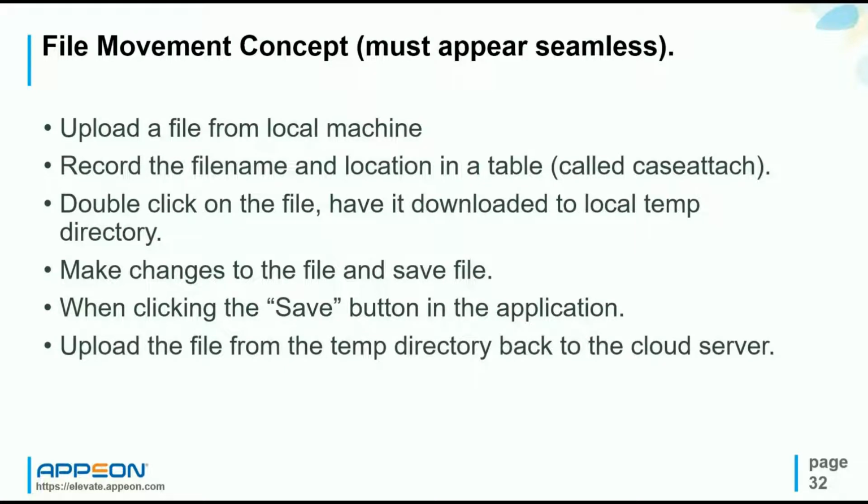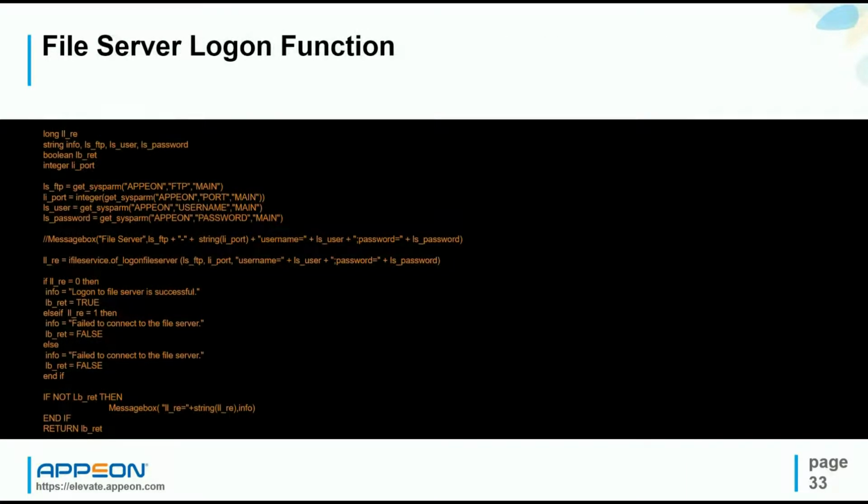And so I'm uploading that file from the temp directory back to the cloud server. And then, of course, I delete the file from the temp directory just to keep things clean. And then, of course, it takes it off their local application just in case we don't want them to have access to it later. Okay.